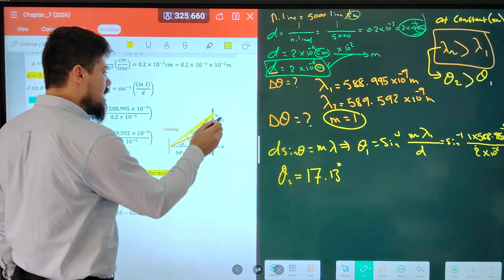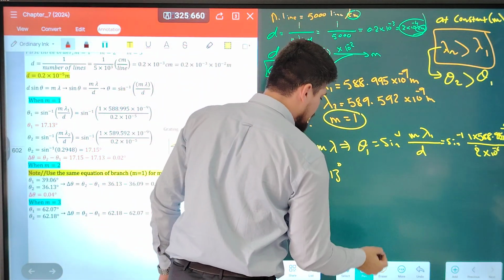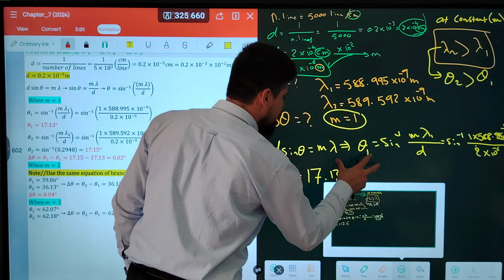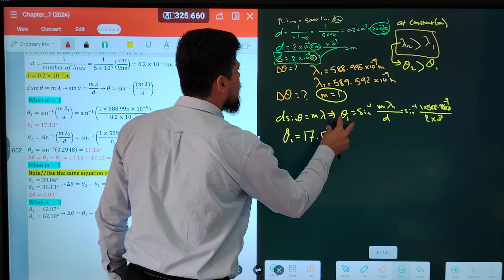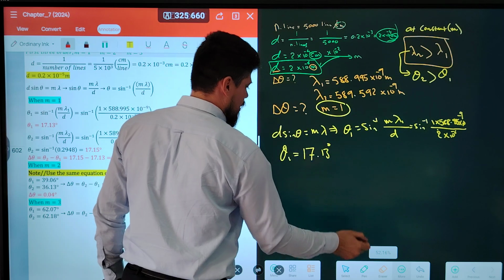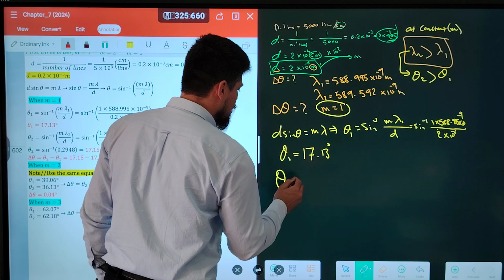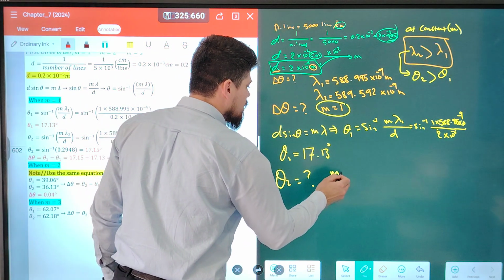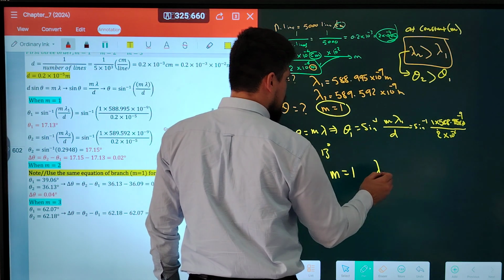Okay? For this m equal to 1, for another wavelength, the second wavelength, same m, look. Theta 2 is equal to what? m still is equal to 1, yes, but lambda is changing.